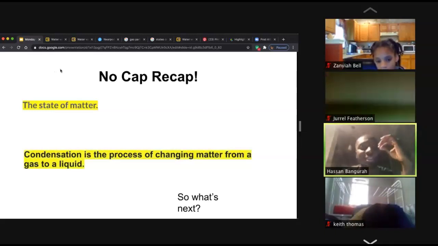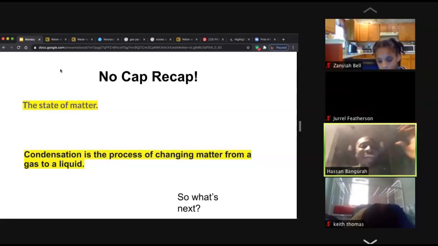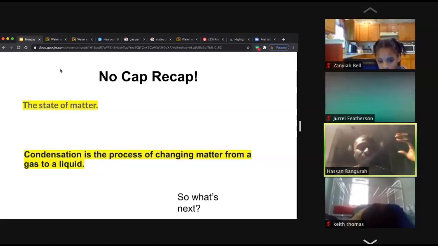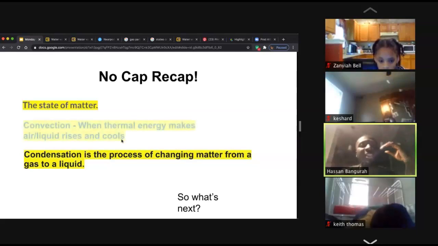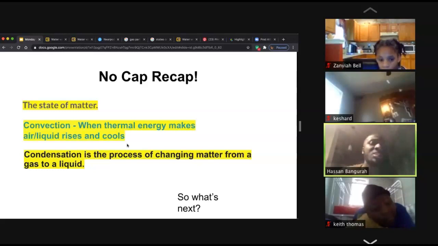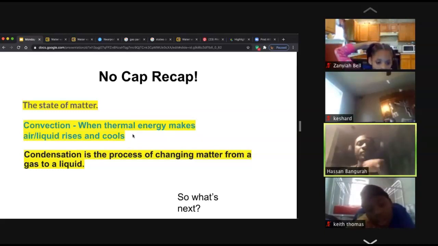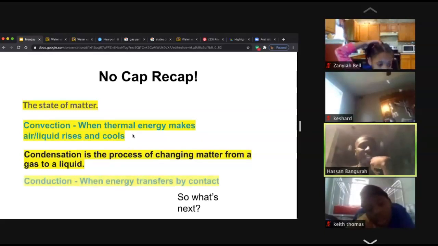Condensation is the process of changing matter from a gas to a liquid. The second to last thing you need to know is convection. This is when thermal energy makes air or liquid rise and cool. And the last one is conduction, when energy transfers by contact.